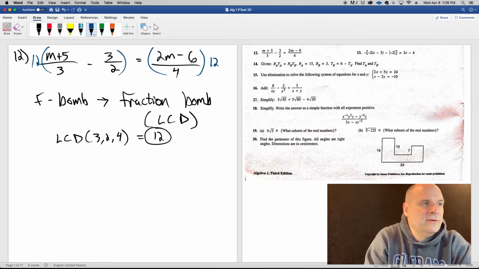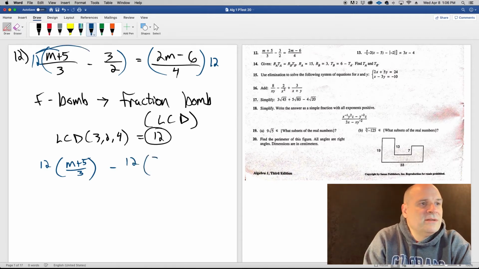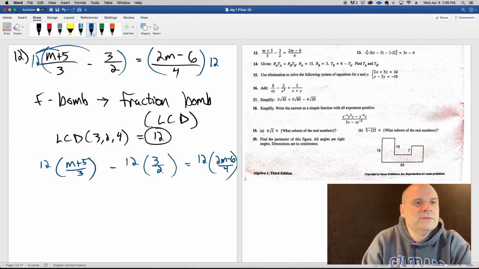All right, here we go. So first one is 12 times m plus 5 over 3 minus, because remember we're distributing, 12 times 3 over 2 equals 12 times 2m minus 6 over 4.